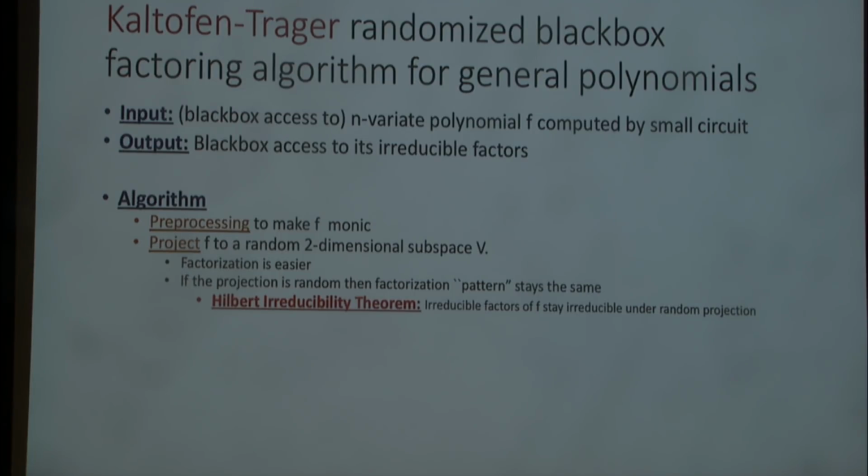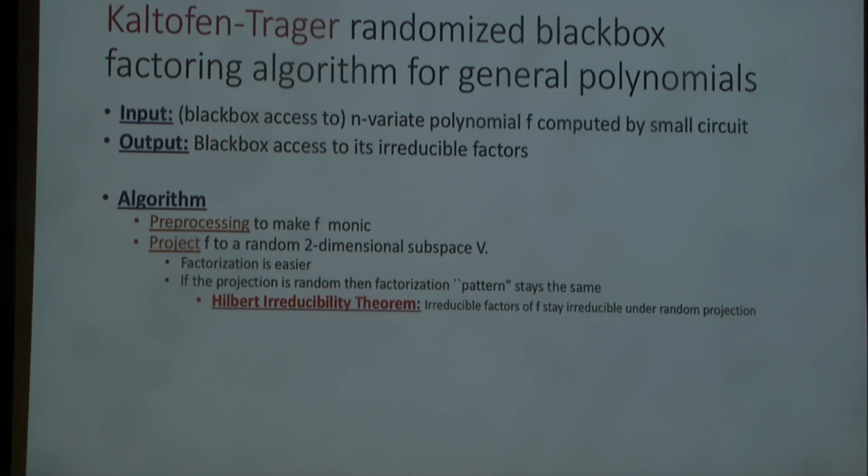let's look at the probability. Let's sample vectors a and b uniformly at random from, just like you do PIT, some big set S, and let's look at S to the n. Let's sample a and b uniformly from this big grid.